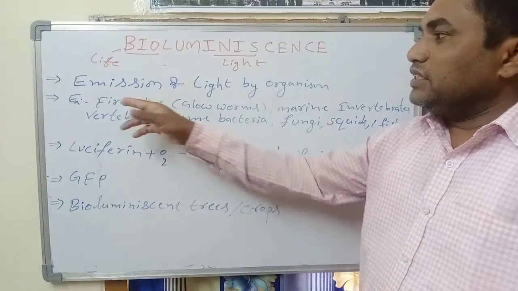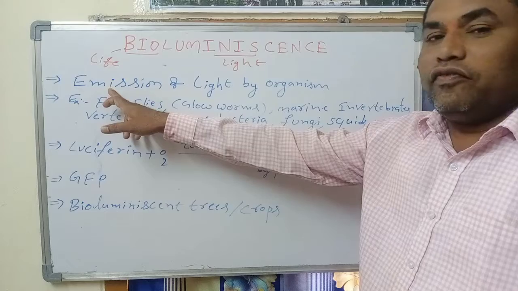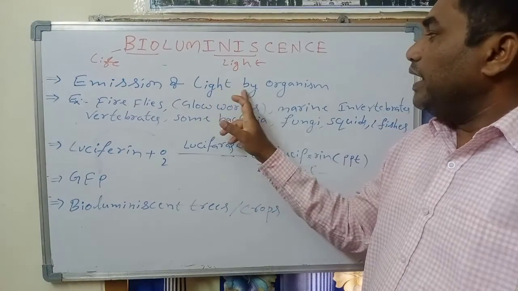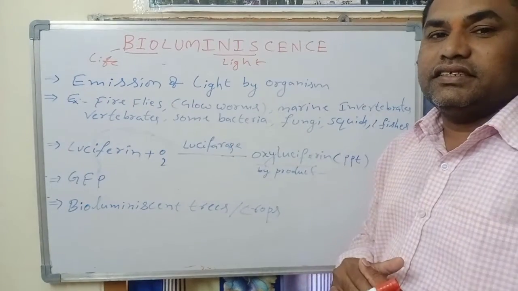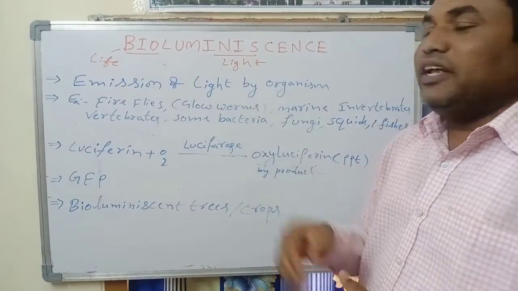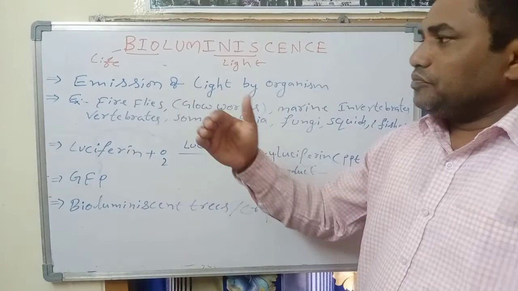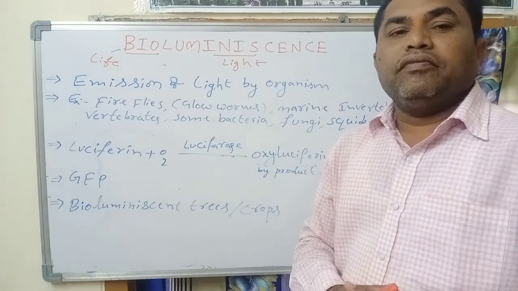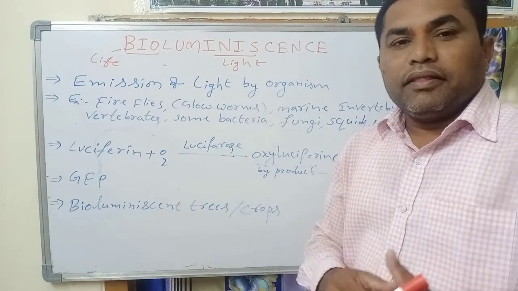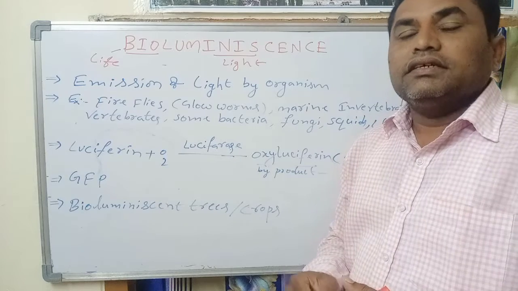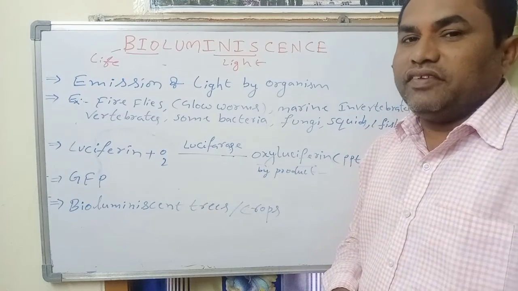So the process of emission of light by the living things is called bioluminescence. So the production of light by the living things is called bioluminescence.